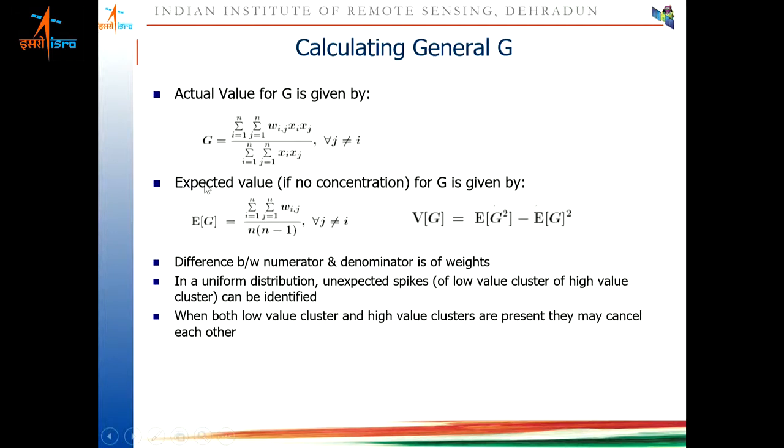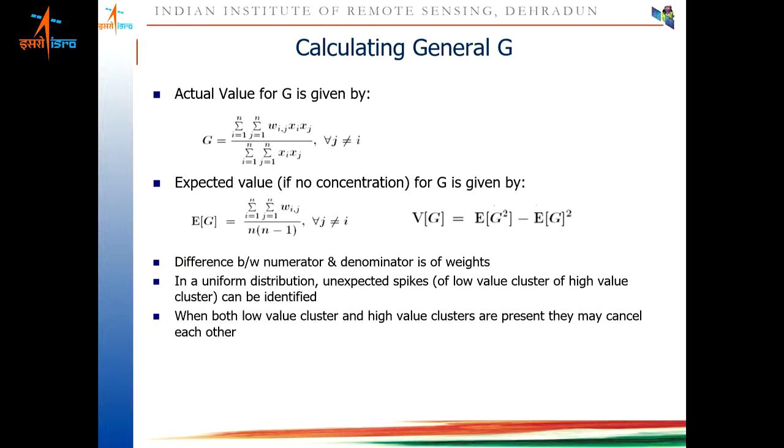As already mentioned, this G score tells you about a cluster of low values or a cluster of high values. So this can be used to find where the unexpected spikes are present in the data. Spikes can be a cluster of low values or a cluster of high values.